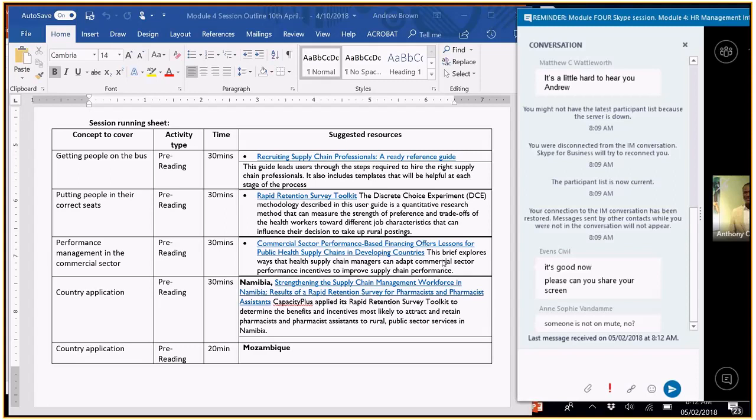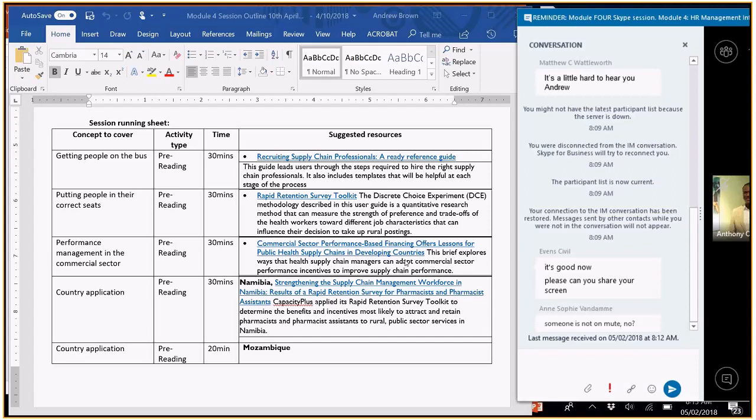We often get asked about what we're doing with regard to performance-based incentives, and financial incentives is one aspect of that. So there's some guidance there on how commercial sector does performance-based financing of individuals and of teams, and that might be of interest.